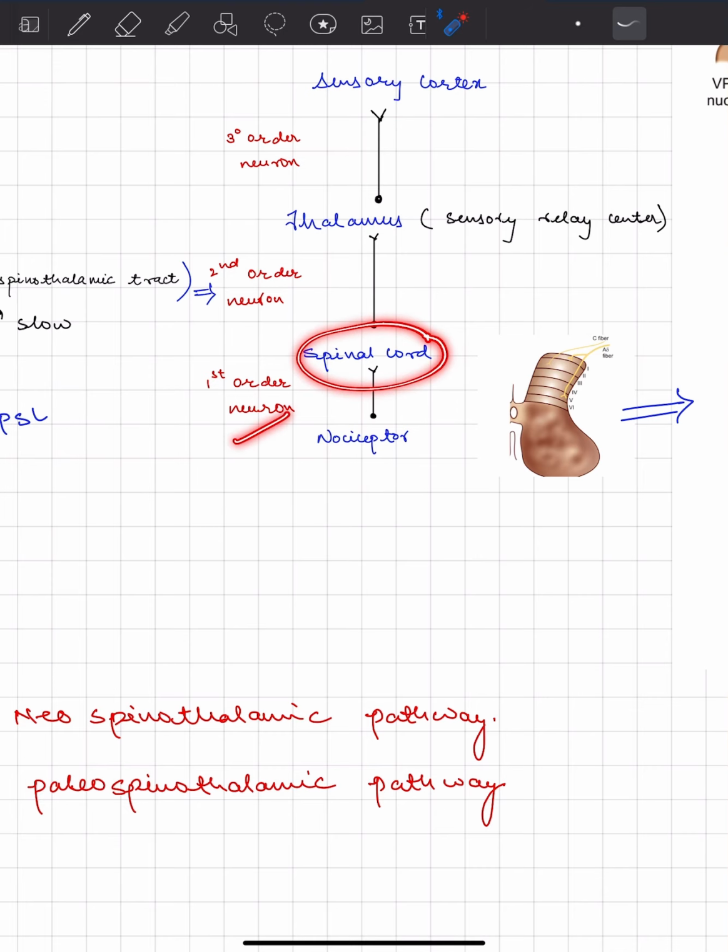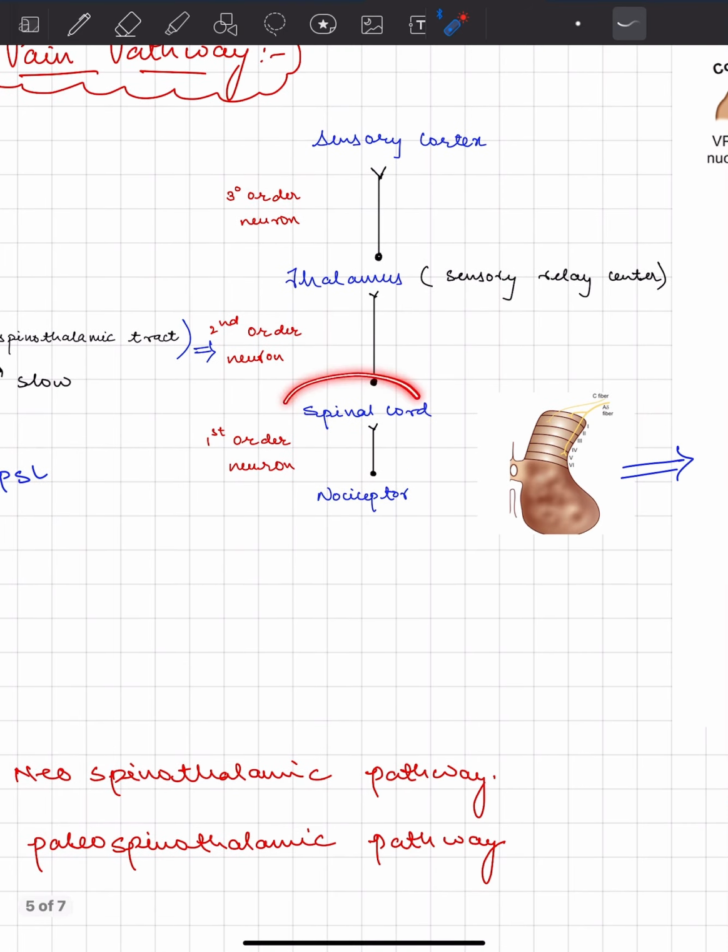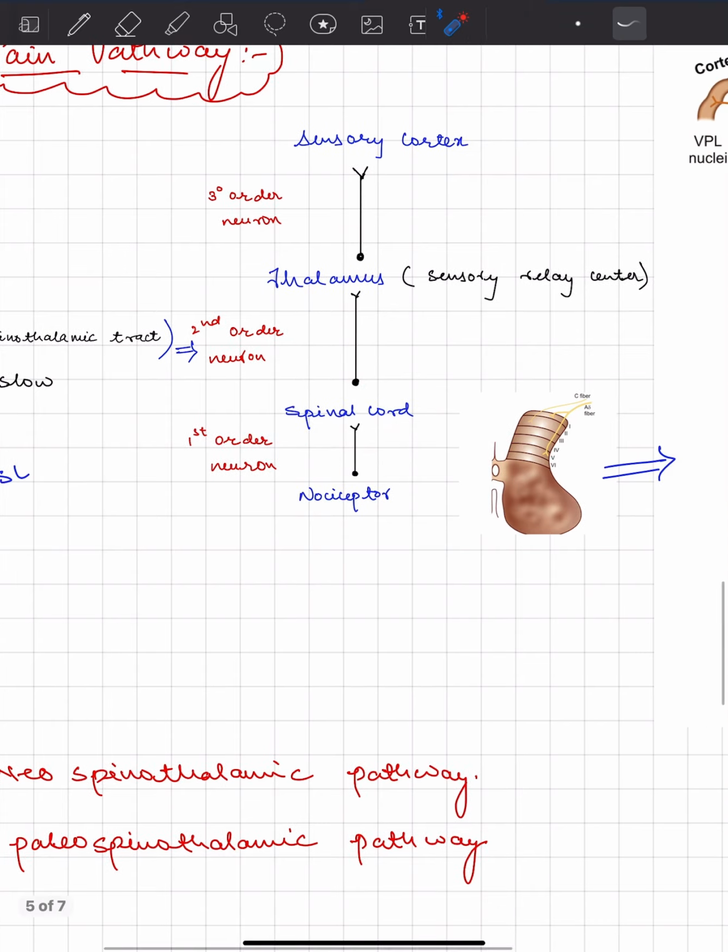From the first order neuron, it goes to the thalamus with the help of the second order neuron. Since the thalamus is a sensory relay center, sensory nerve fibers mainly pass through the thalamus, and from the thalamus, the third order neuron takes that action potential impulse to the sensory cortex where it is interpreted.